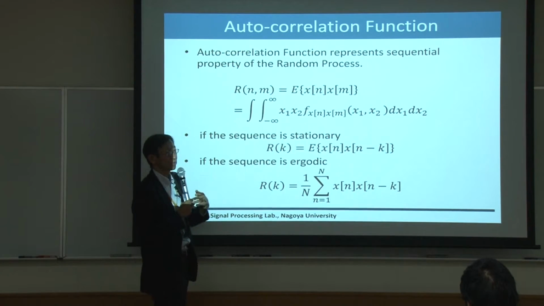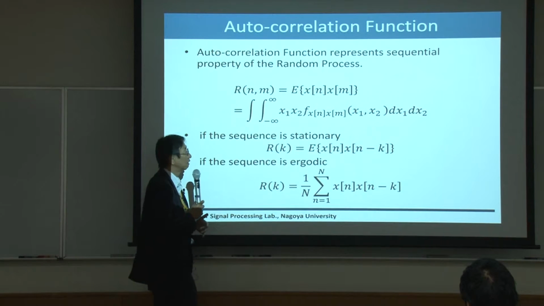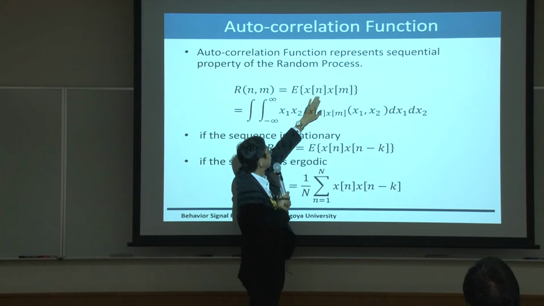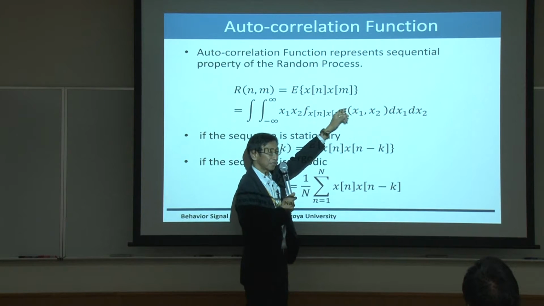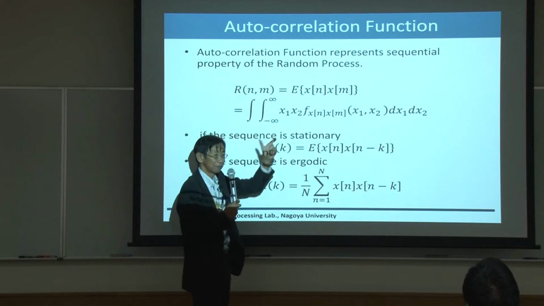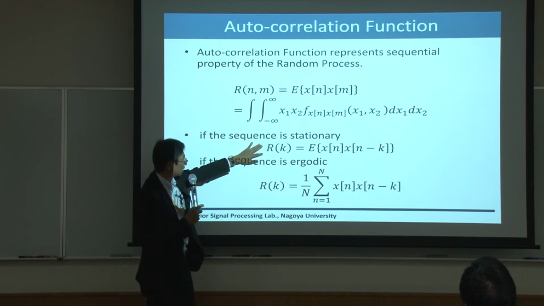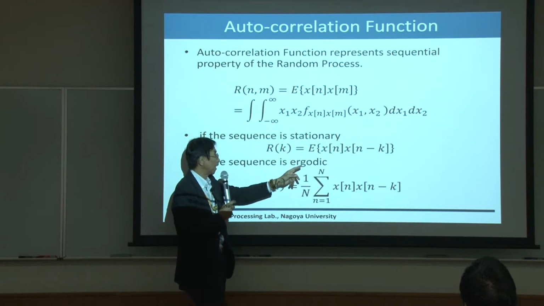Usually, if the signal is stationary, this value doesn't depend directly on n and m, but on the difference between the two time steps, n and m. Therefore, it can be rewritten like this.